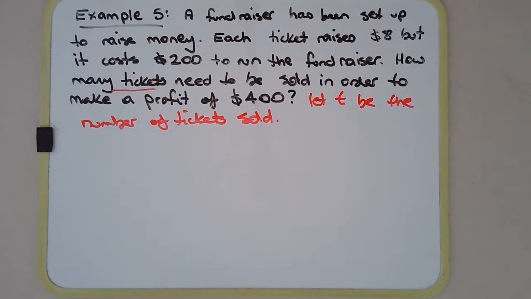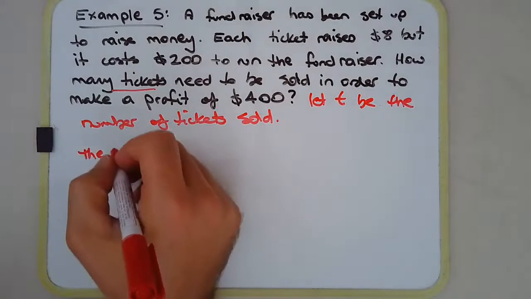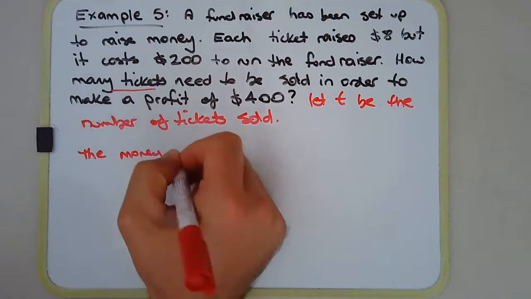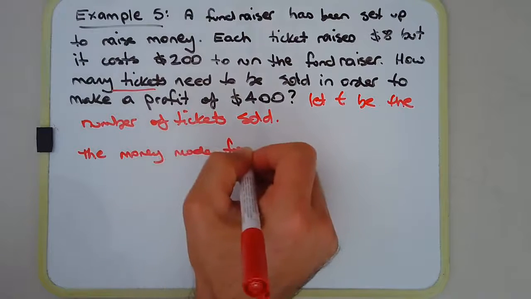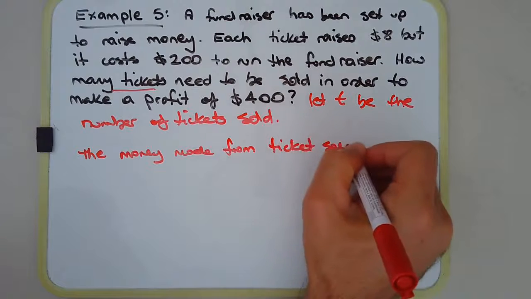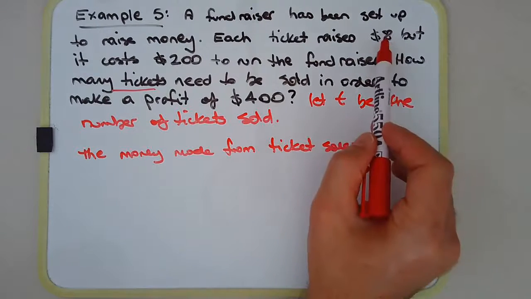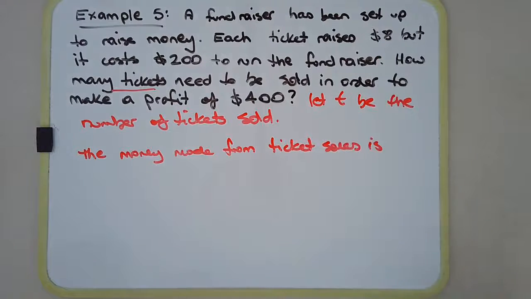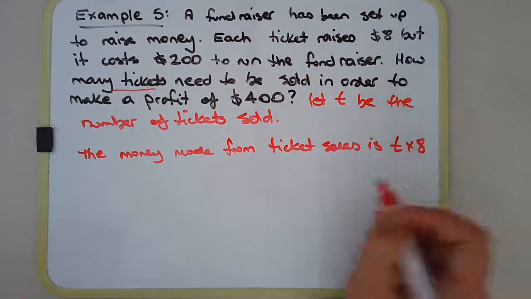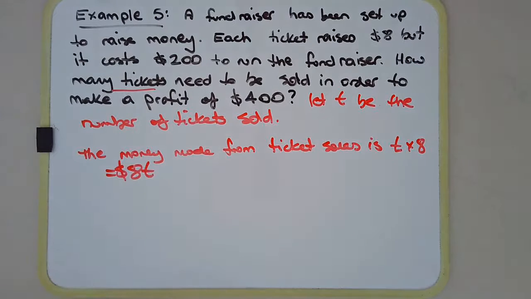Where to from here? Now the amount of money made from ticket sales is how much? You sell T tickets, each ticket makes $8. It's going to be T times 8, which equals $8T. But this fundraiser is not free to run.